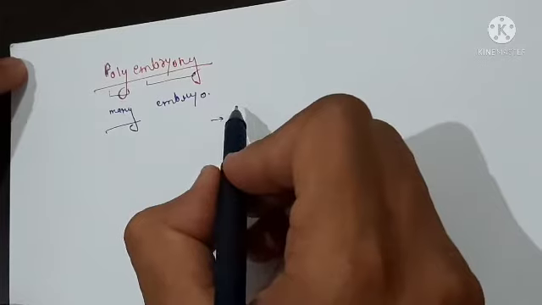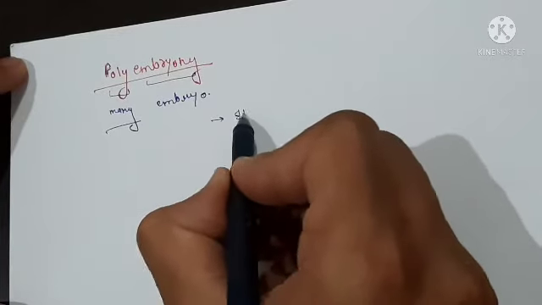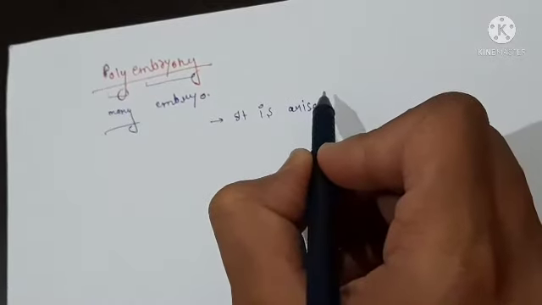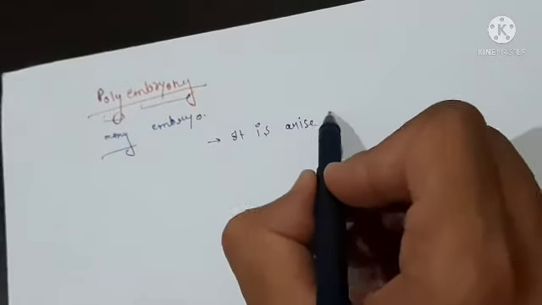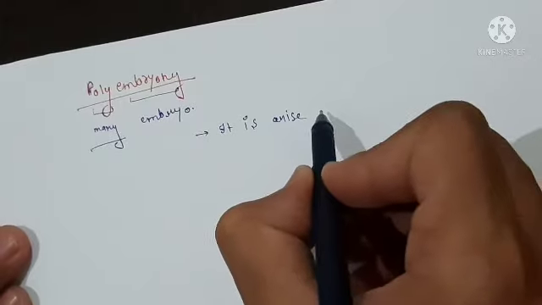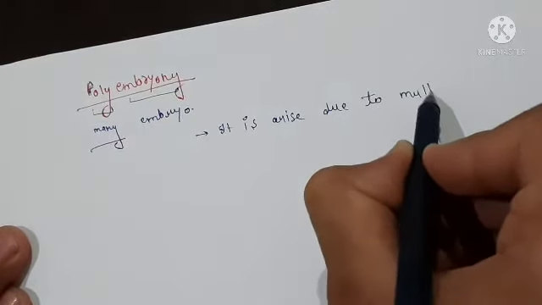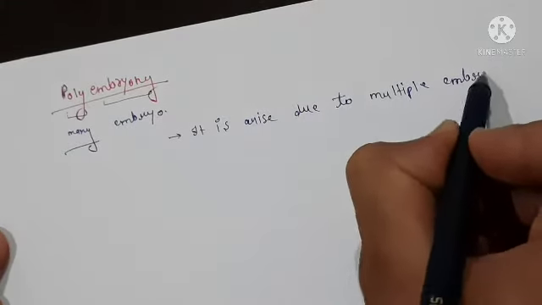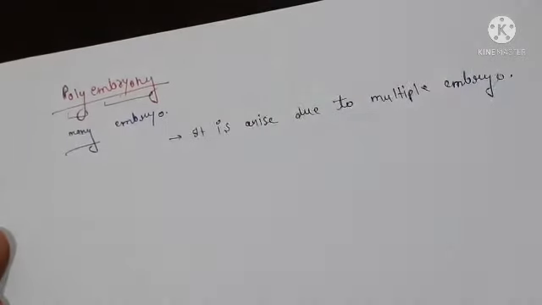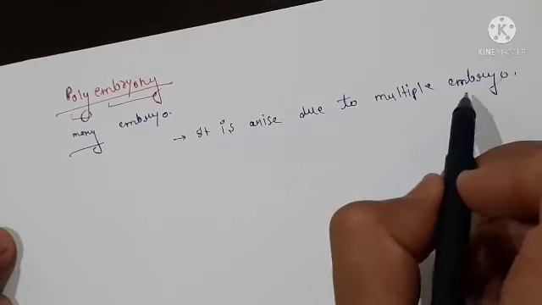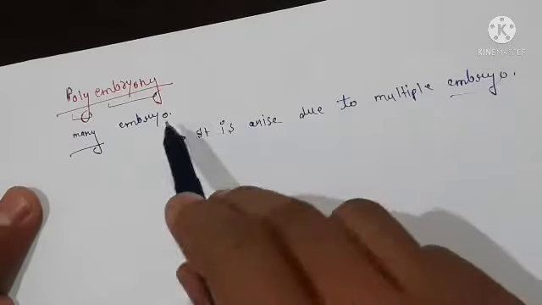It means when a seed contains more than one embryo. Why does it arise? It arises due to multiple embryos. If one seed contains more than one embryo, then it is called polyembryony.